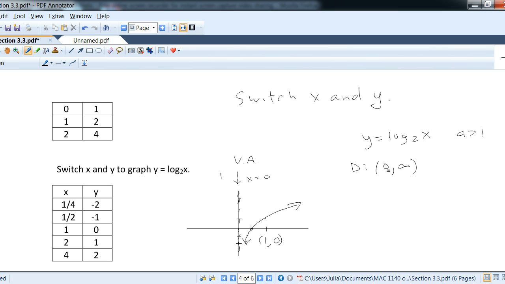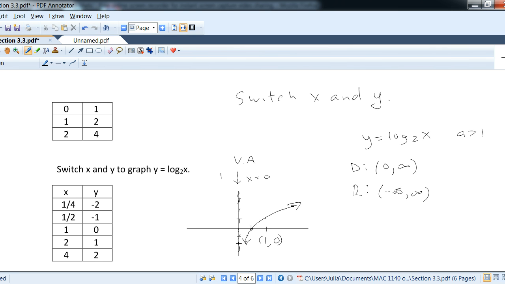Actually, it starts with the asymptote at 0, so we know it cannot cross the asymptote. The range is all real numbers. And the logarithm is slowly increasing to infinity. So logarithms have a much slower growth rate than exponentials.